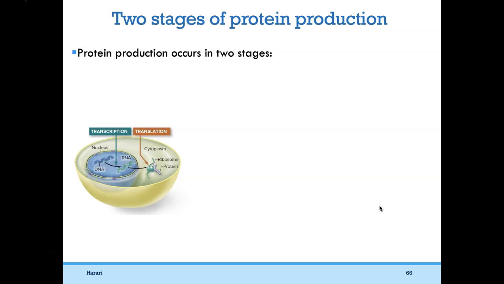So to make proteins, to have the hardware, we need two stages, right? There are two phases of gene expression to make proteins. The first is called transcription. Transcription is how DNA gets rewritten. It gets transcribed into RNA. This occurs in the nucleus.